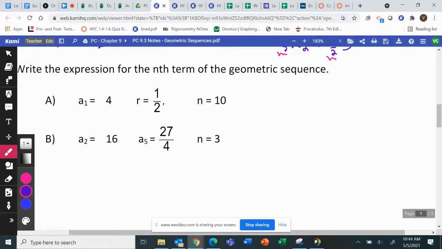So I get 4 multiplied by 1/2 to the 9th.